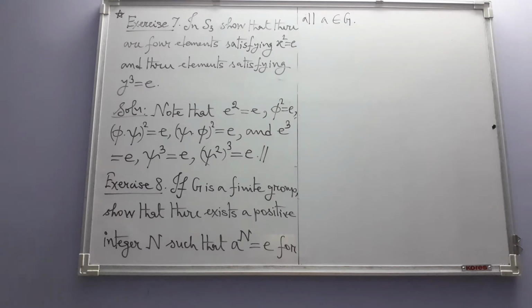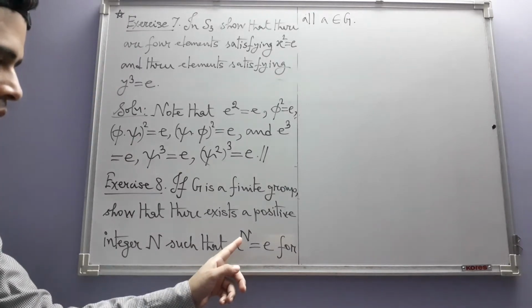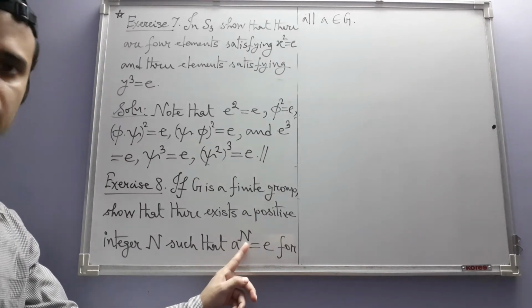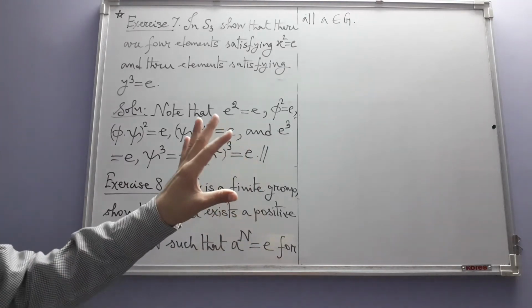That means if G is finite, no matter how large G is, we can always find a positive integer n such that this happens for every element A in G.